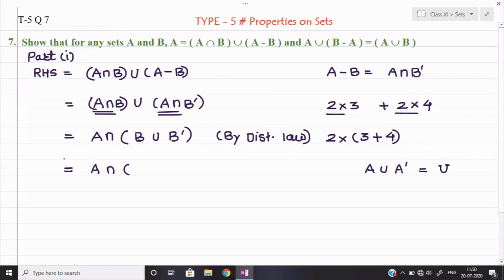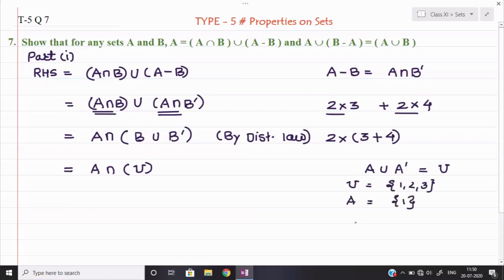So we can take A intersection with the universal set. Now, suppose U is 1, 2, 3 and A is only 1.